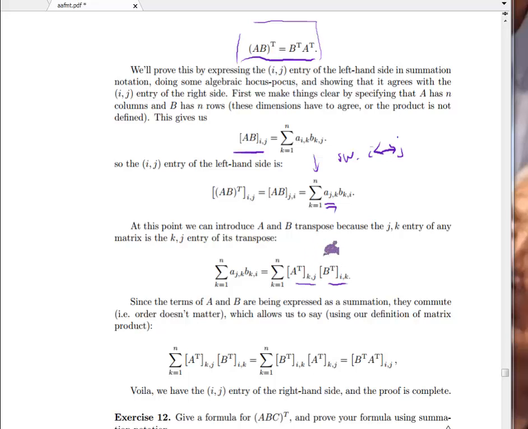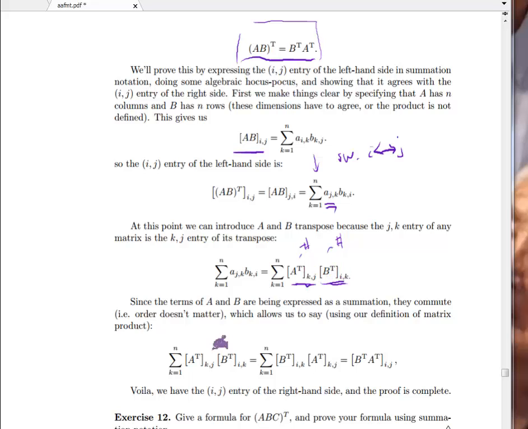If we multiply these two terms in the other direction, that's okay, because this is a number and this is a number. These things are not matrices, these are individual components of the matrix. So I can multiply it this way or I can multiply it the other way.